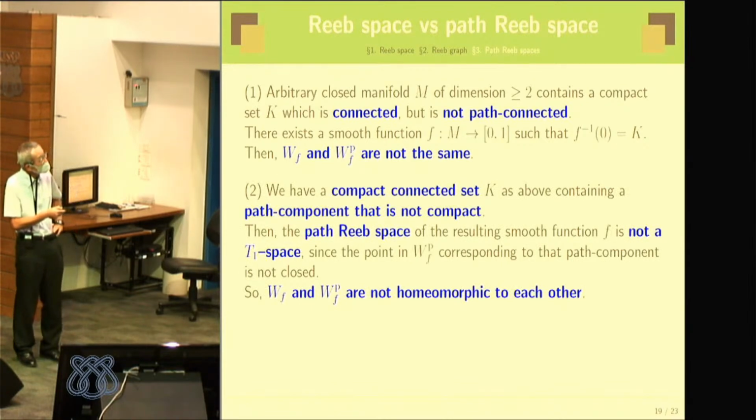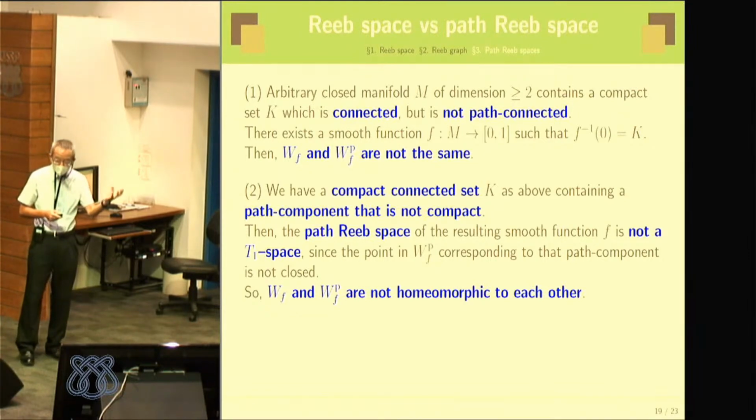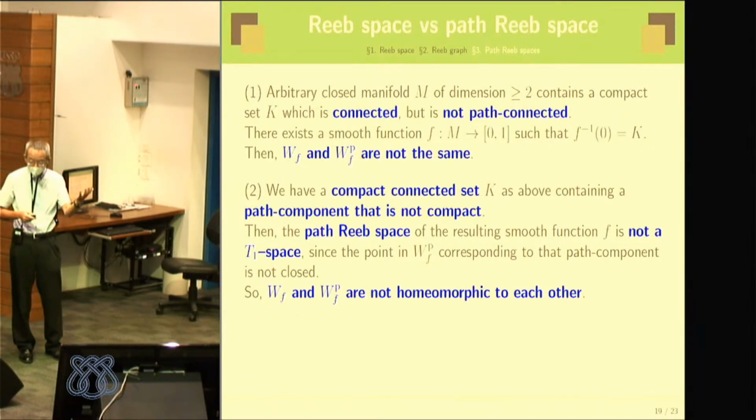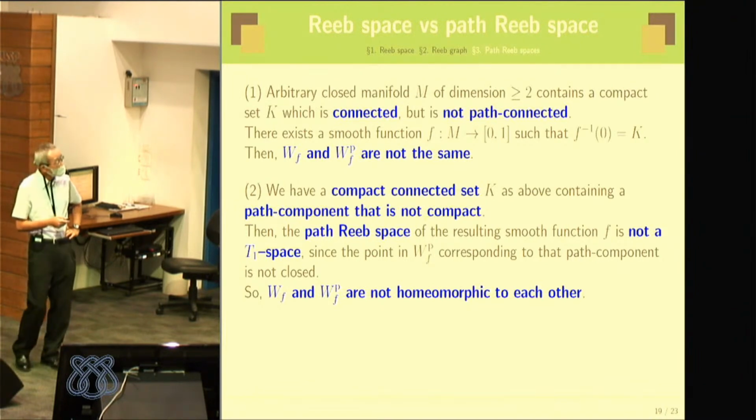Also, if you have a manifold, then you can always construct a compact connected set K containing a path component that is not compact. So you can consider a compact set, but it may contain a path connected component which is not compact. And this can be constructed.